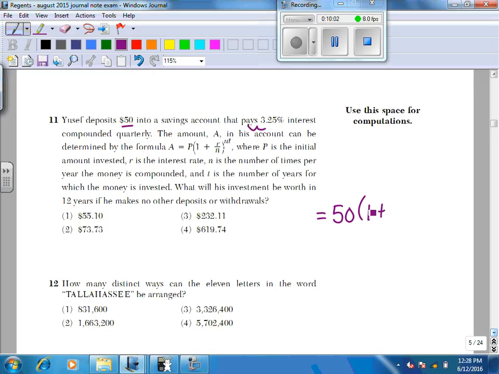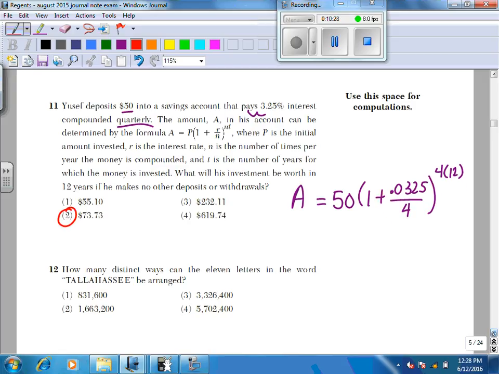Move the decimal 2 to the left, so 0.0325. And this is being compounded quarterly. Quarterly means 4 times a year. We're going to do this for 12 years. Plug that into your calculator. Make sure you don't mess up. Use the fraction key, especially to type that in. And when you plug that in, you should get answer choice 2.